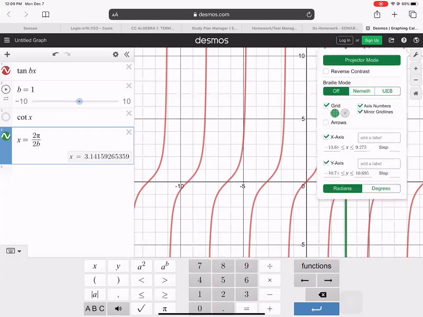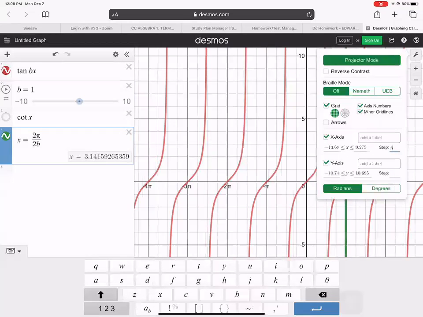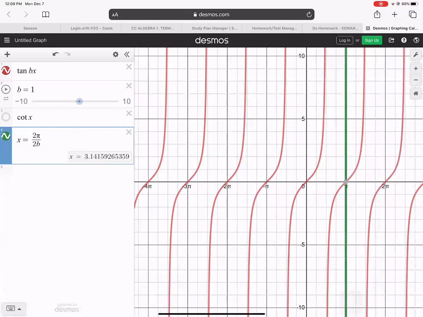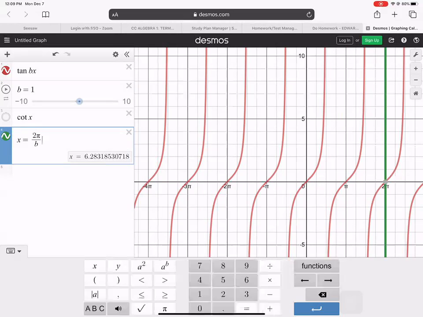Okay, I'm going to change one more thing here. Okay. And we are going to pi divided by b on one side, 2 pi divided by 2, and then we're going to divide this answer by 2.